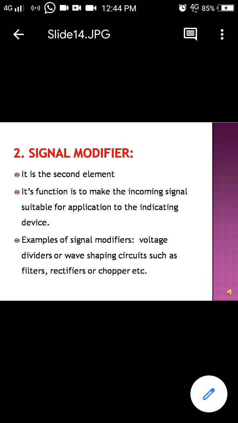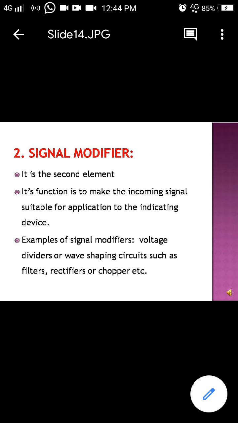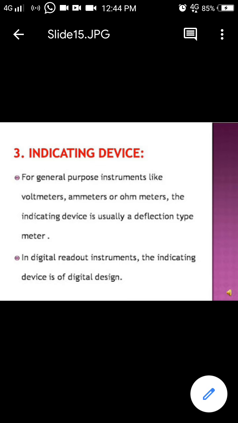Examples of signal modifiers: voltage dividers. These voltage dividers are used to reduce the amount of signal applied to the indicating device, or wave shaping circuits such as filters, rectifiers or choppers, etc. And the third important element in an electronic instrument is the indicating device.